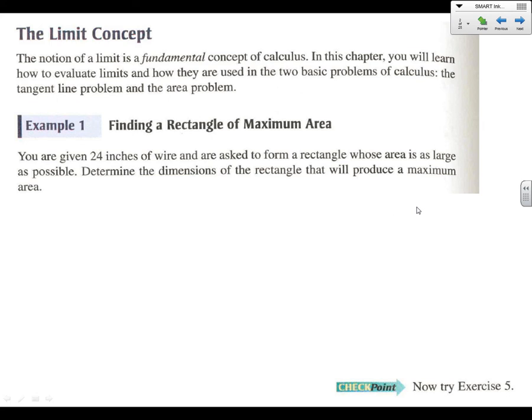You're given 24 inches of wire and are asked to form a rectangle whose area is as large as possible. Determine the dimensions of the rectangle that will produce a maximum area. We're talking about area, and we know that area is length times width. We're maximizing the area.